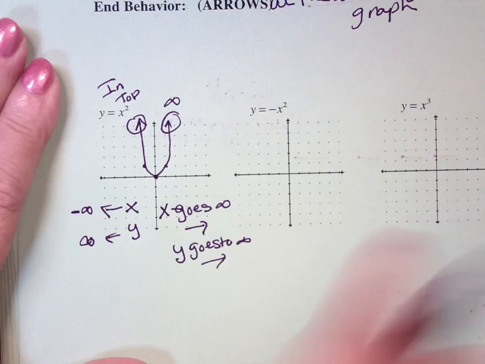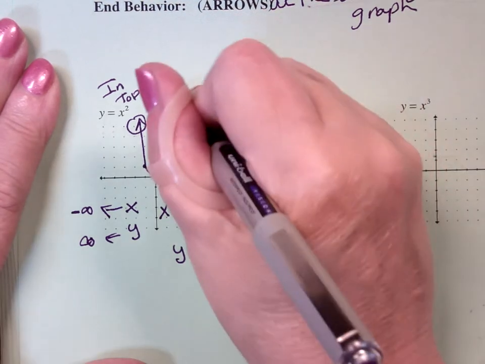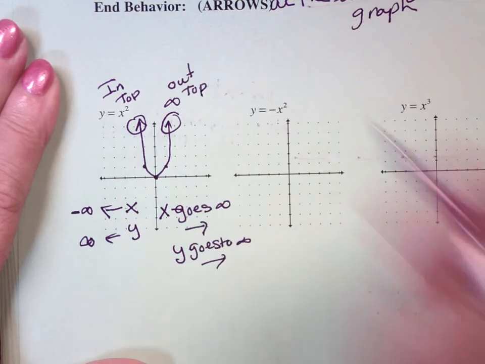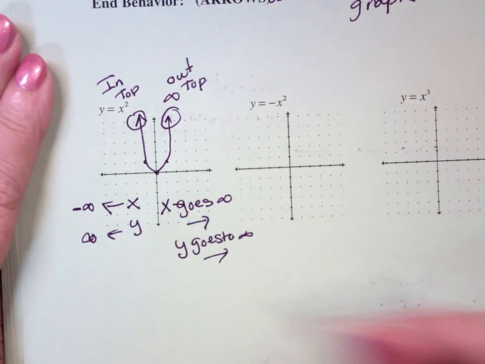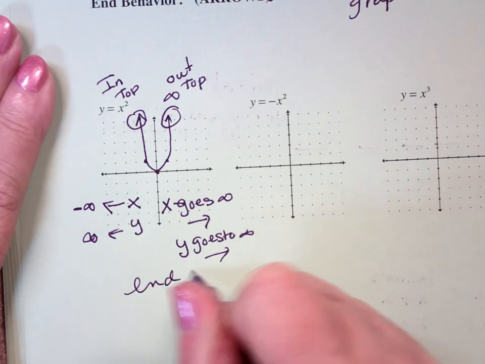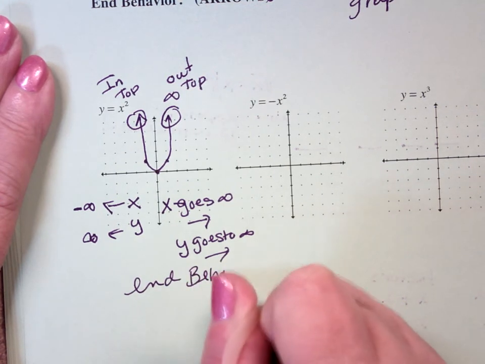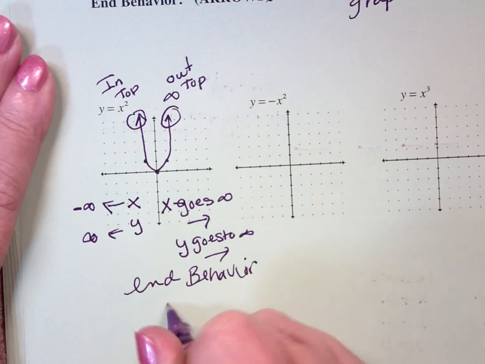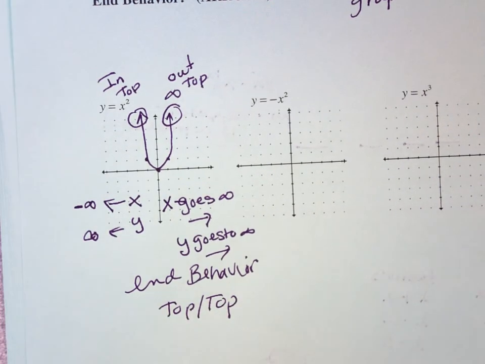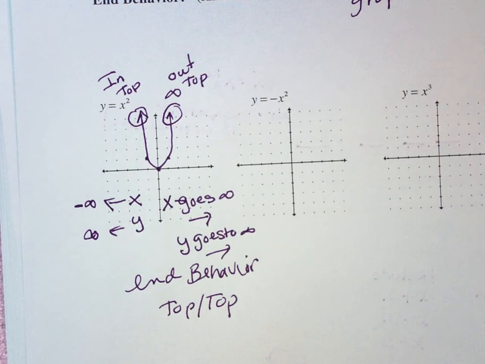It's going to do its thing, whatever it is, and it's going to be out through the top of the graph. So to me, the end behavior is top, top. In from the top, out the top. The arrows are going this direction, reaching for the sky.